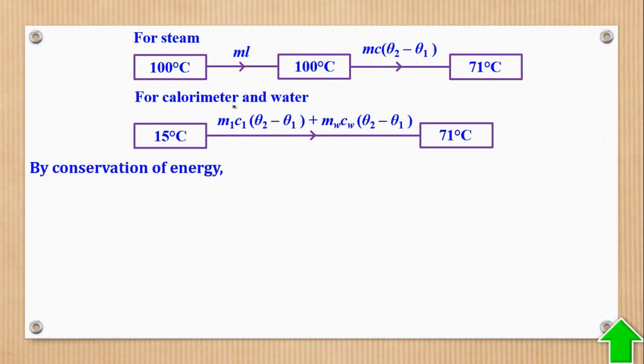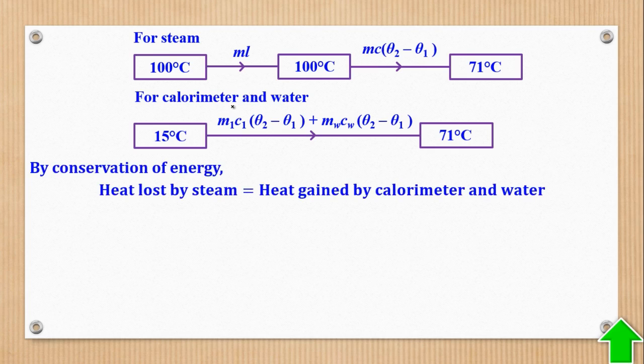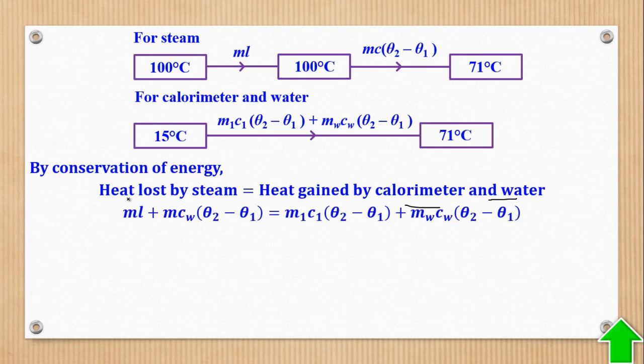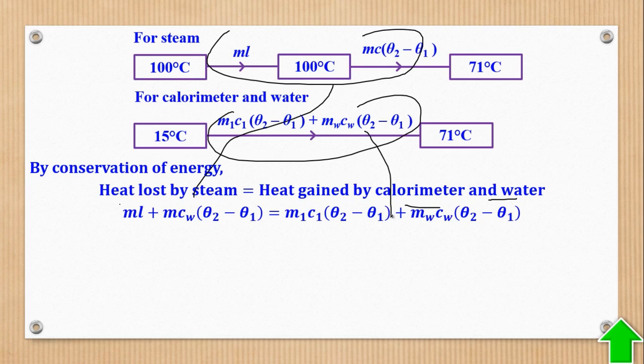Therefore, by conservation of energy, heat lost by steam is equal to heat gained by calorimeter and water. So this is heat lost by steam, and this is heat gained by water and calorimeter.